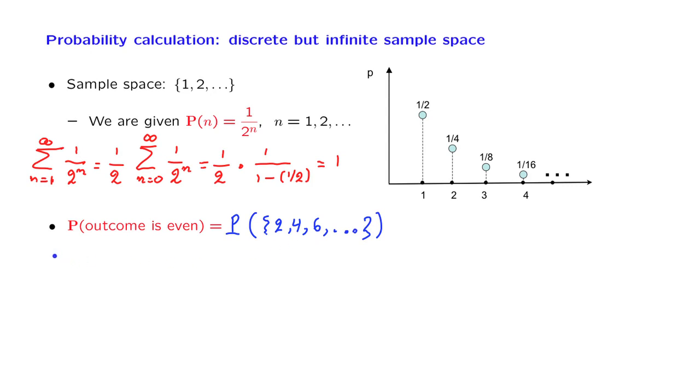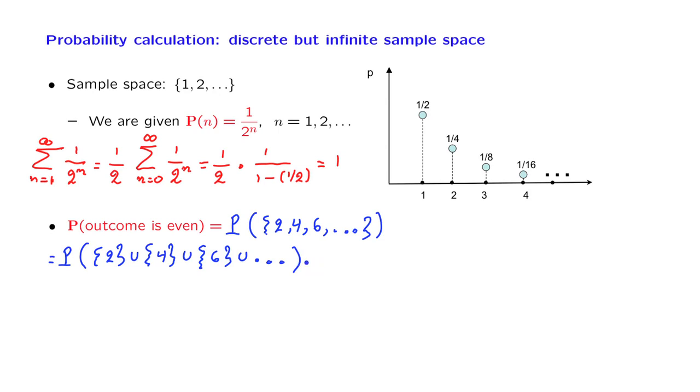We can write this set as the union of lots of little sets that contain a single element each. So it's the set containing the number 2, the set containing the number 4, the set containing the number 6, and so on.